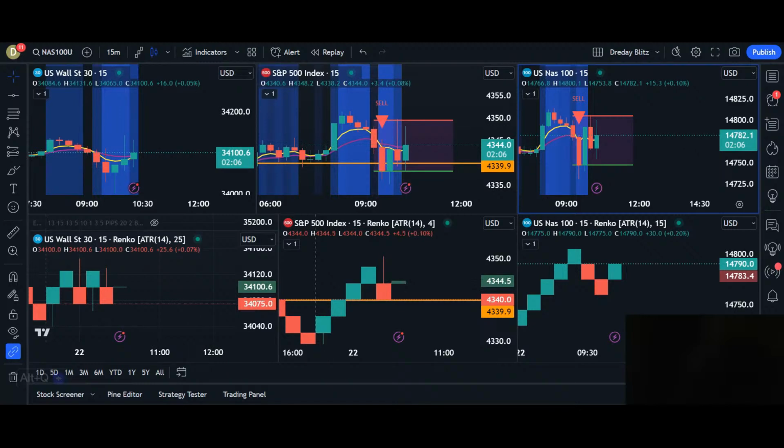Yeah, exactly. US 30, SPX 500, and NASDAQ usually move in the same way. That's why I love to trade those, because you're able to piggyback on every chart in the same direction most of the time. So they're pretty good.